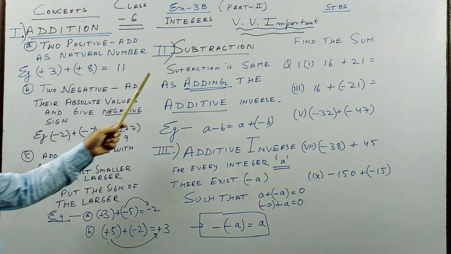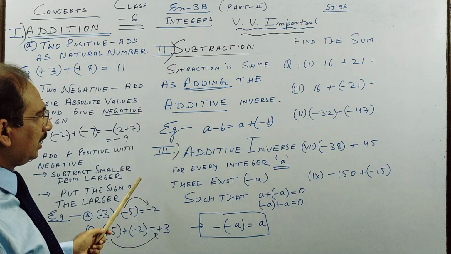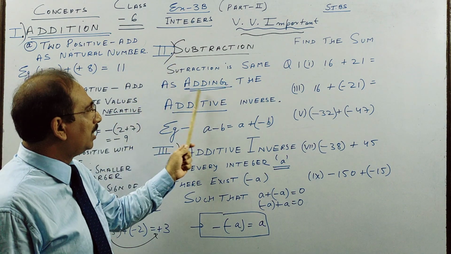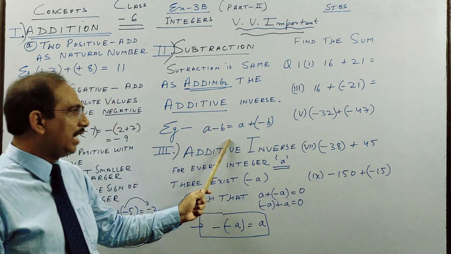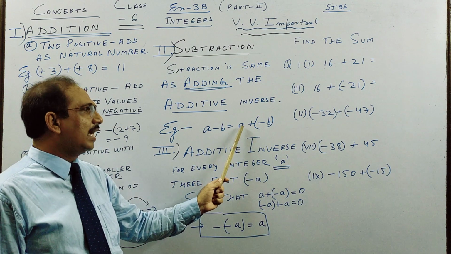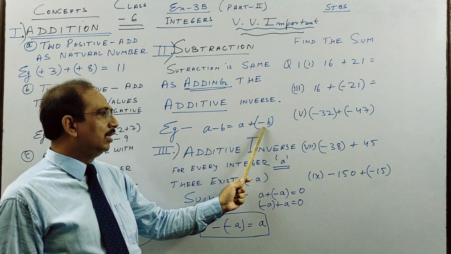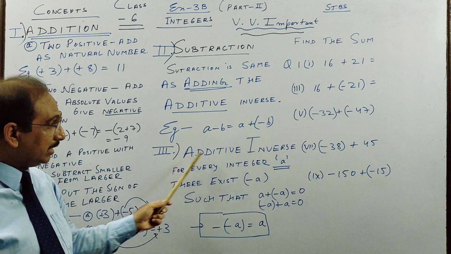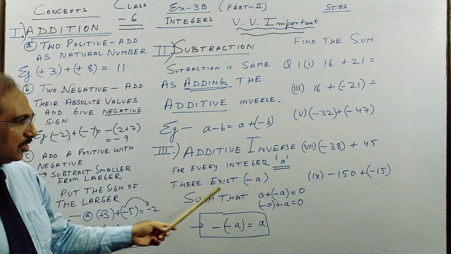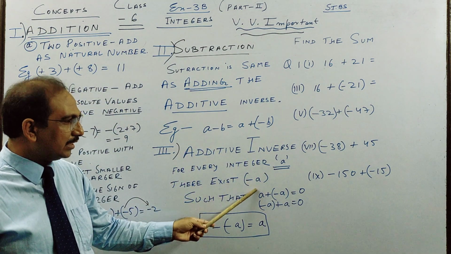Next is subtraction. Subtraction is the same as adding the additive inverse. So A minus B is actually adding to A the additive inverse of B. Then you will ask, sir, what is additive inverse? The additive inverse of a number is its negative.